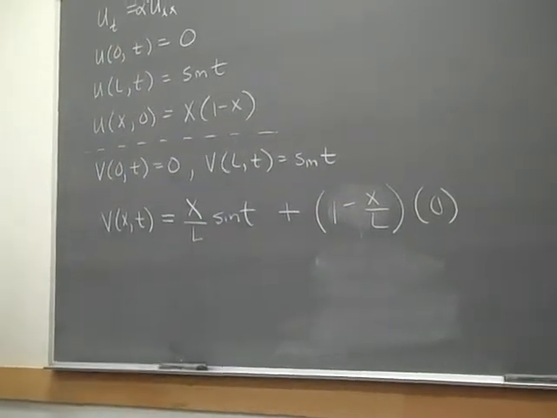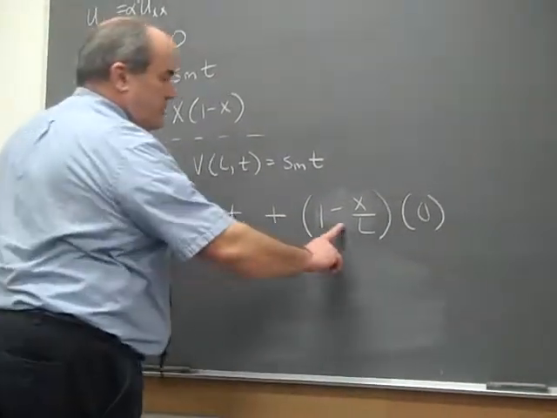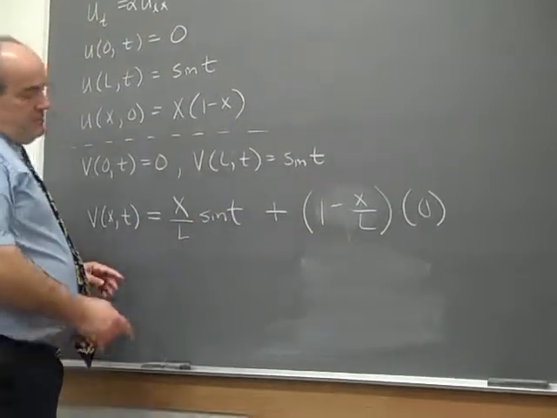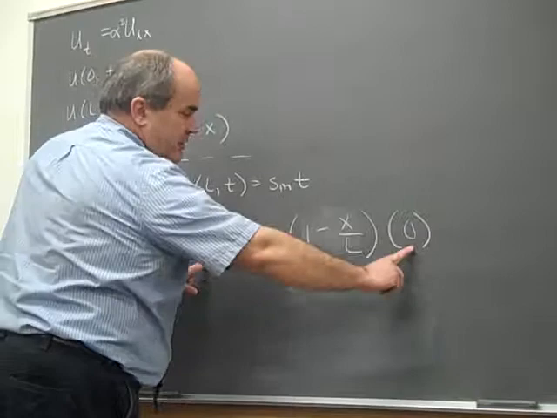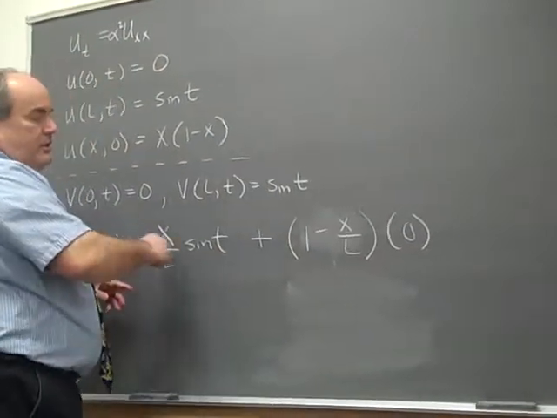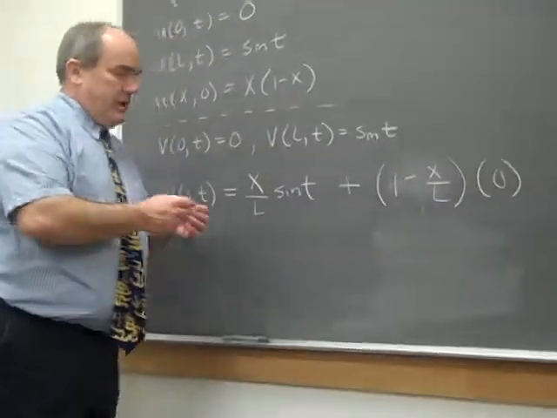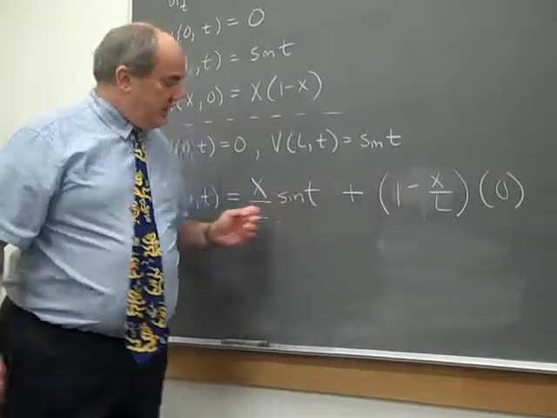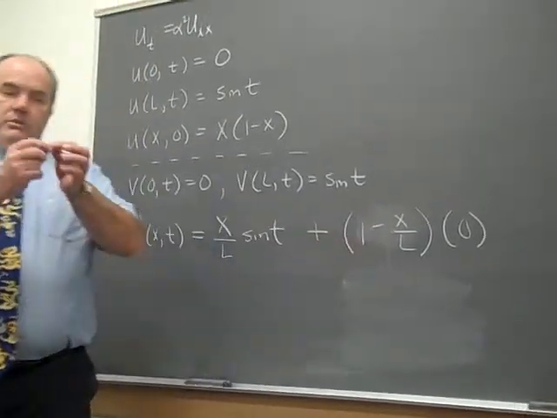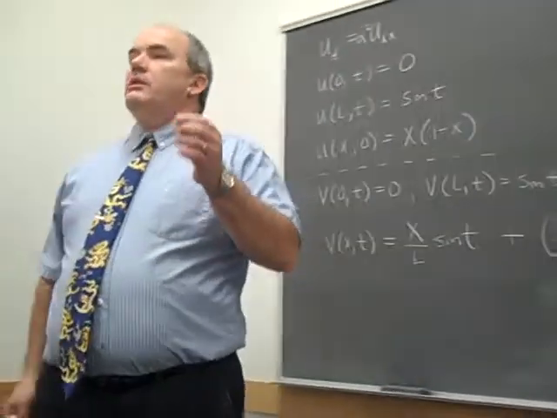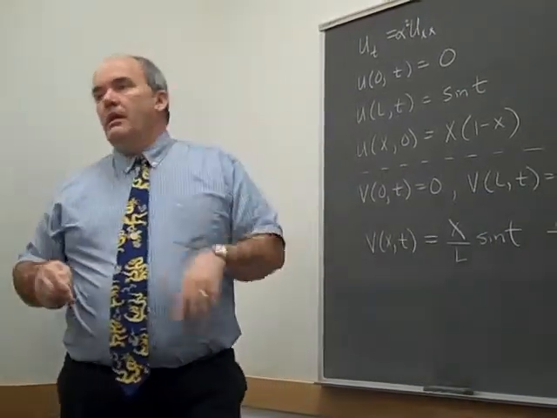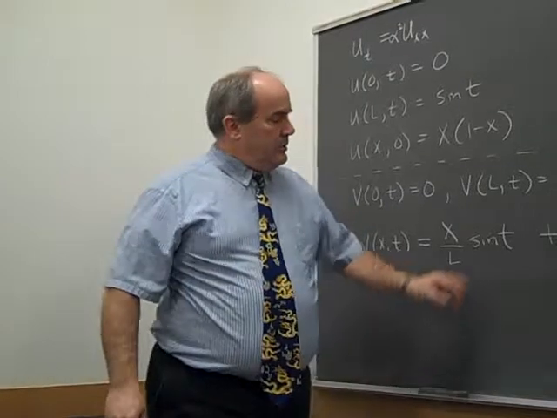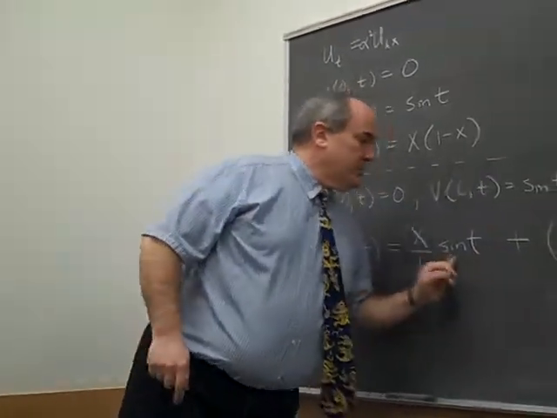The reason for the word convex is that if these were vectors instead of functions, as x goes from 0 to L, you'd actually be traversing the line from the end of one vector over to the end of the other vector. And so you're finding the line segment that connects these two vectors together.